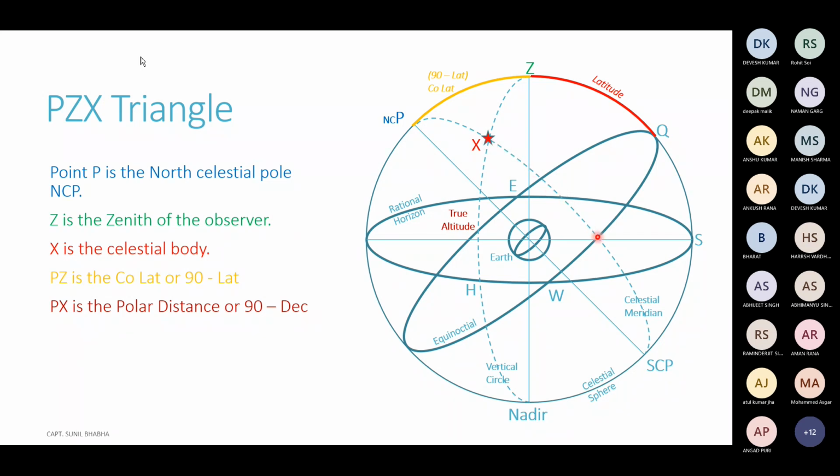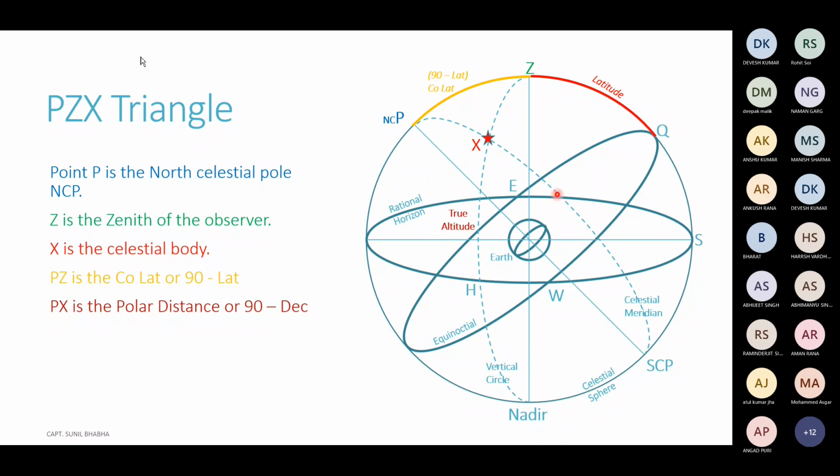This is the definition of declination. I told you declination basically tells us how much north or south of the equinoctial a particular body is. So this arc represents the declination of the celestial body. It tells us how much north of the equinoctial our celestial body is.